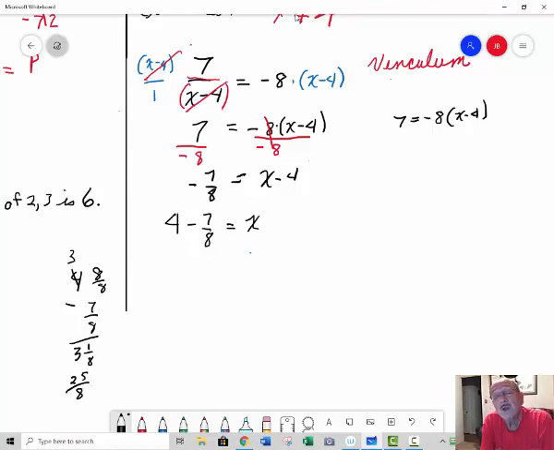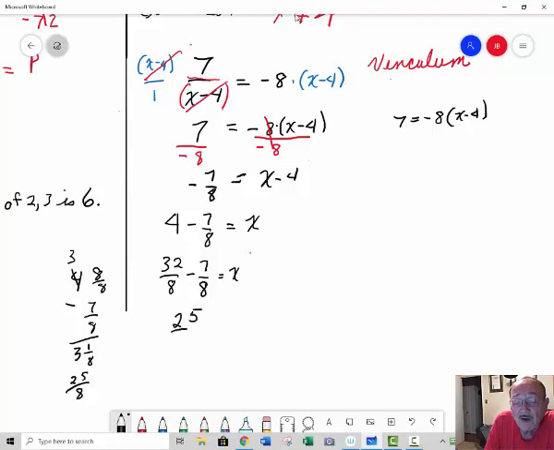Well, I want to show you a different way. If I consider this whole number in terms of an 8, it's 32 over 8 minus 7/8 is my x, and 32 minus 7 is, in fact, 25.